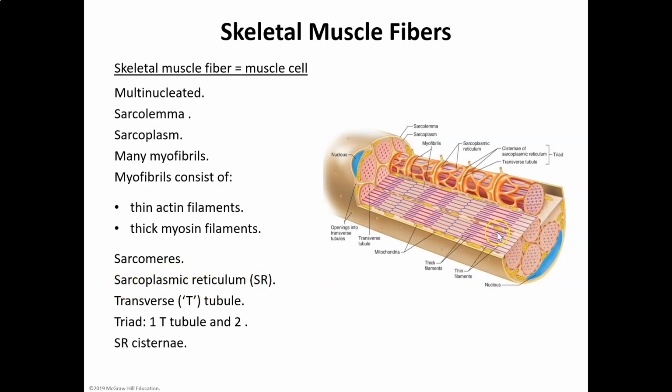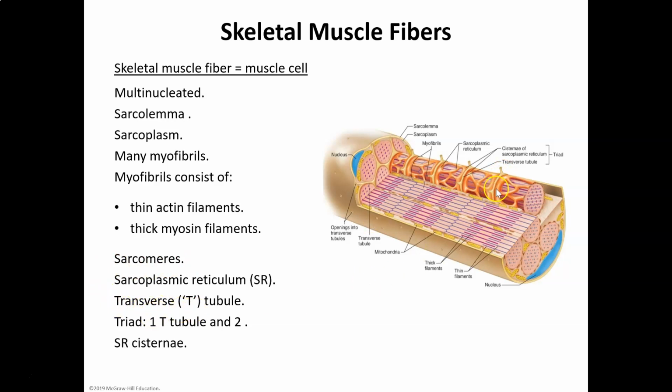Surrounding the myofibrils is this structure called a sarcolemma. I'm sorry, sarcoplasmic reticulum here. And then in between units of the sarcoplasmic reticulum, they are bordered by this thing called a T-tubule, which stands for transverse tubule.